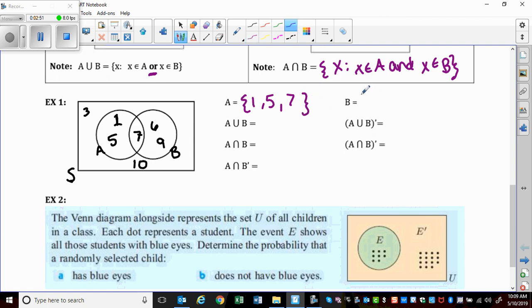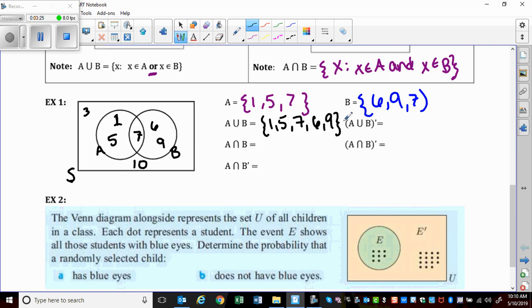B has the set 6, 9, and B also has 7 in it. Now, A union B means all of A, all of B, and everything in between that they both have. So 1, 5, 7, and 6, and 9. And I'm not going to write 7 twice. You only write 7 once. I would also try to put them in order, so switch the 6 and the 7.